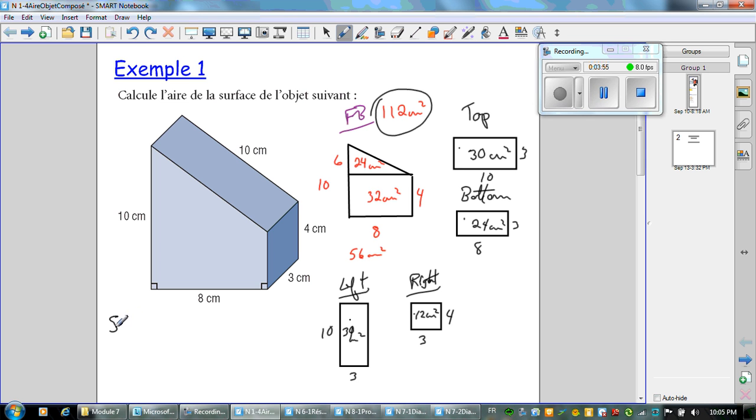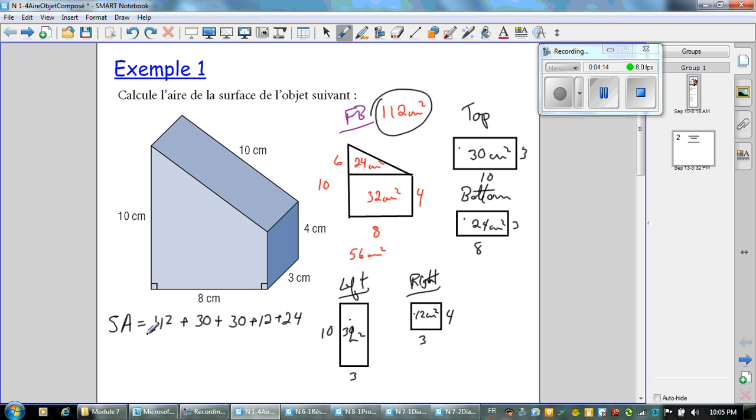So surface area is 112, which is the front and back, plus the top, which is 30, plus the left side, which is another 30, plus the right side, 12, and the bottom, 24.